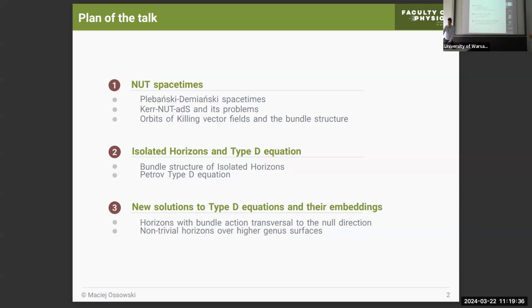And this definition might seem a little bit strange, maybe a little bit forced. However, it actually appears quite naturally as horizons in the Kerr-NUT-AdS spacetime, which are interpreted with this U1 bundle structure in mind, such that they are made non-singular.